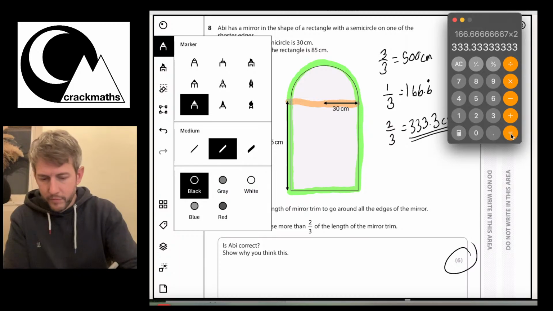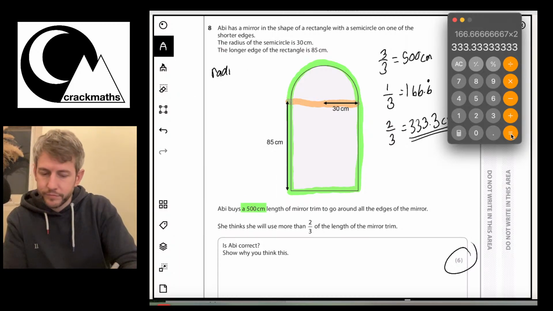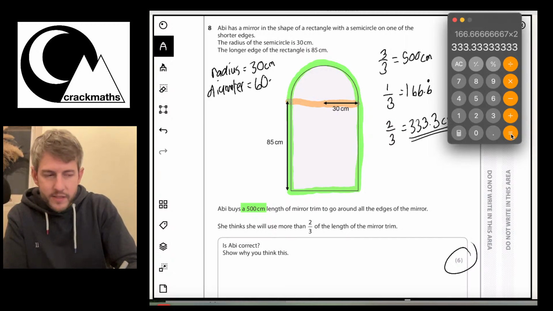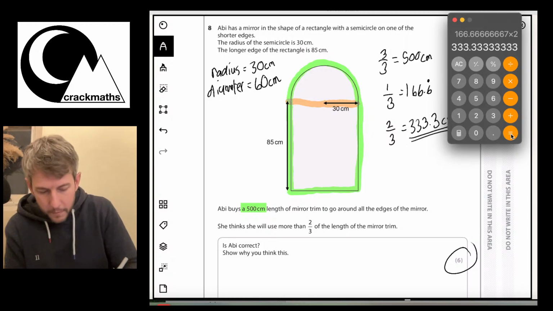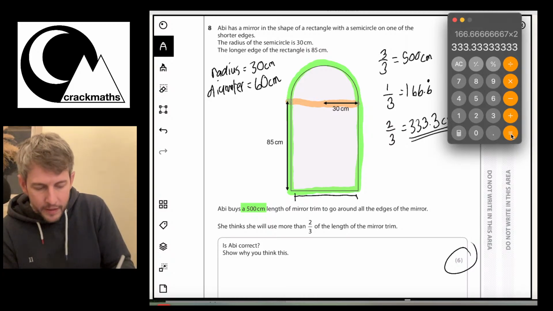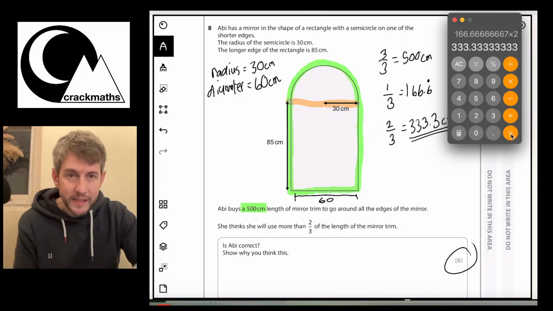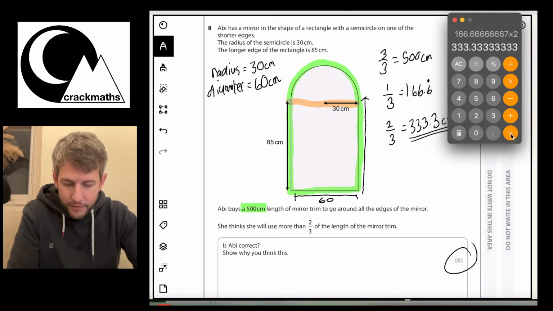So if the radius equals 30 centimetres, the diameter equals 60 centimetres. Okay, so I know that if this is 85, from here to here is 60. It's a rectangle, so that means that the opposite lines are the same size. So from here to here, on this side, will also be 85.